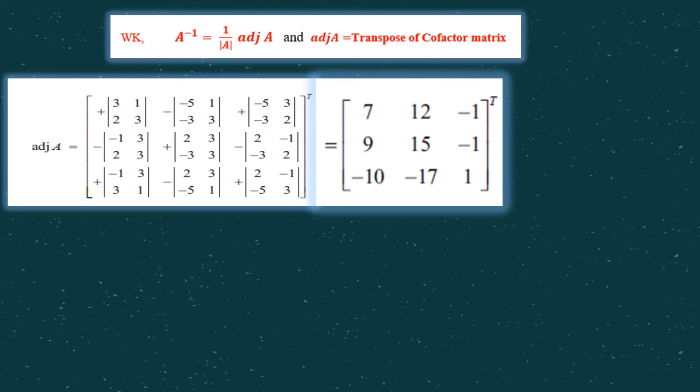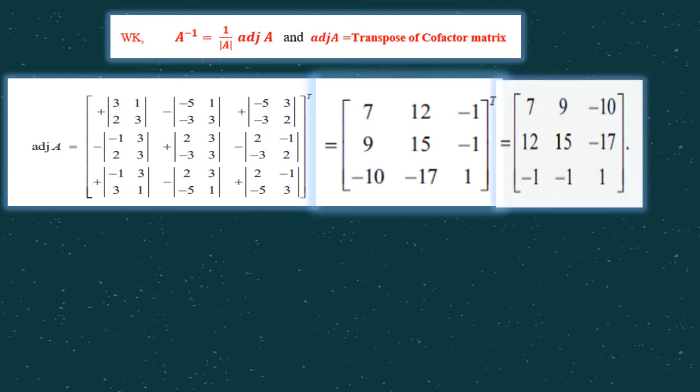See the first value: plus determinant 3, 1, 1, 2, 3. I am getting the value as 3 into 3, 9, minus 2, that is 7. Similarly get all the values and transpose the matrix. The transpose will be 7, 9, minus 10, 12, 15, minus 17, minus 1, minus 1, 1.